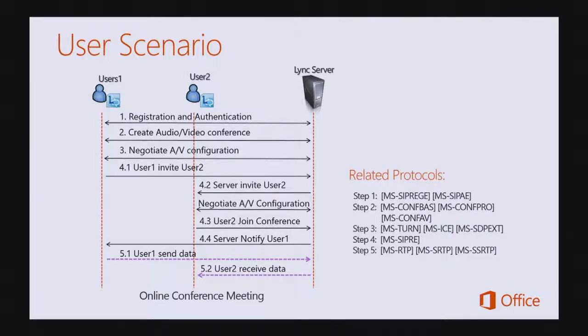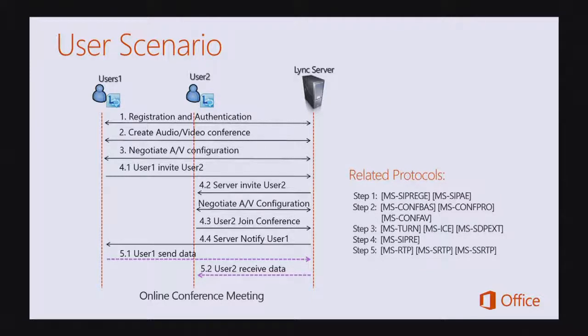And after I negotiate the real-time media parameters with the server, now I can invite another user where I want to have a media conference with him. First I tell the Lync server I want to invite another user, and then the server will forward my invite to that user, because I don't know where this user is, but the server knows.